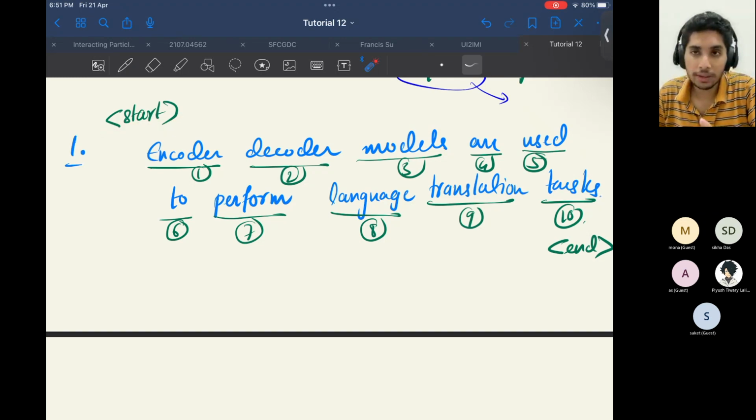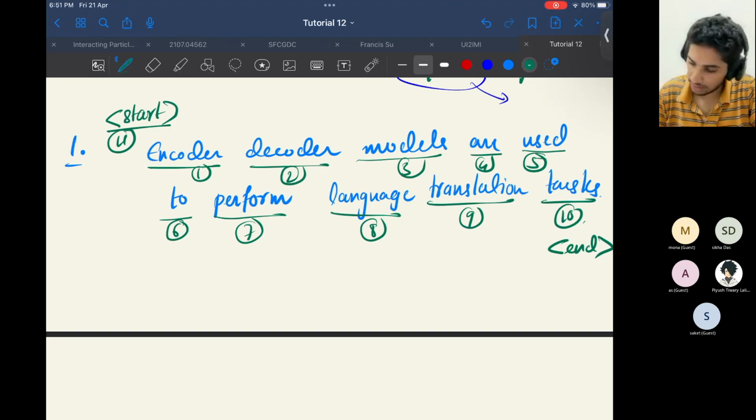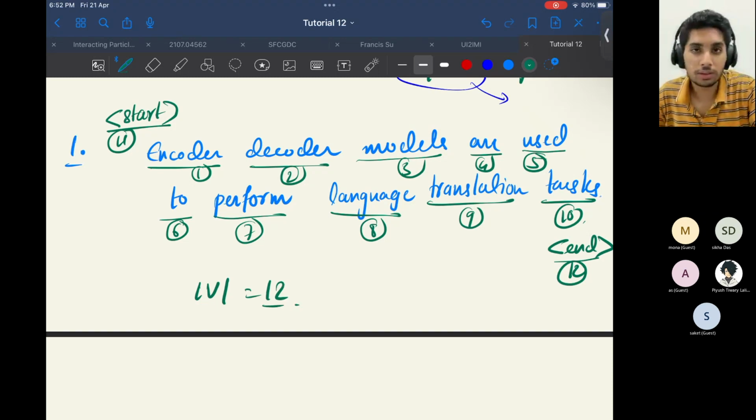Similarly, the end token is used to make sure that the network knows that this is the end of the sentence. So you have to take these into consideration as well. So this will be 11 and this will be 12. So there will be a total of 12 words in the vocabulary. If V is your vocabulary, the cardinality of that will be 12. So the answer is 12.